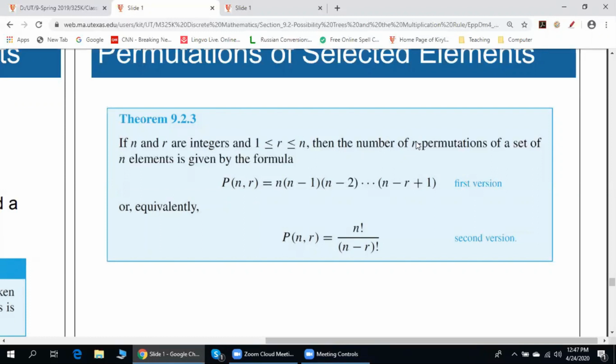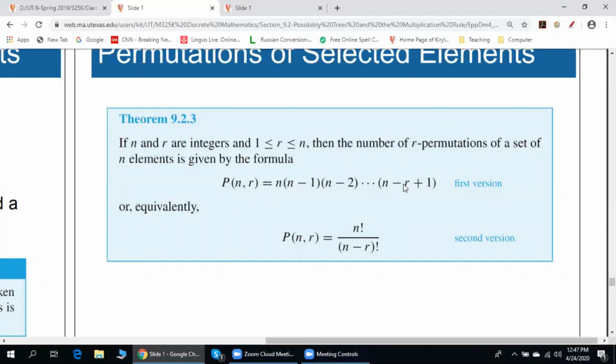The number of n permutations, and know that n permutation is the permutation that we discussed previously, correct? Yes. The number of n permutations is n factorial, correct? Yes. Now see what happens to this term if r is equal to n.